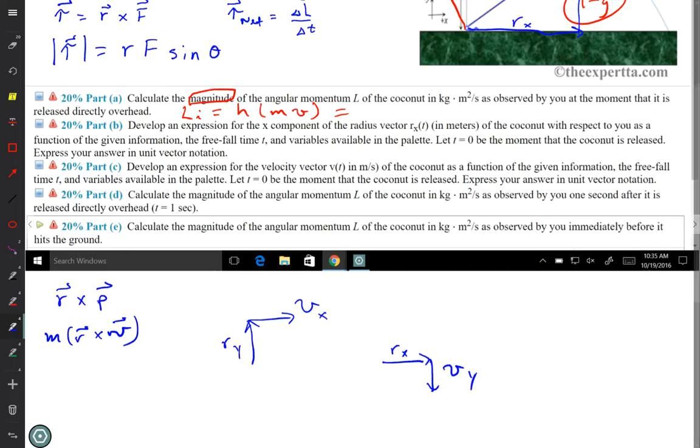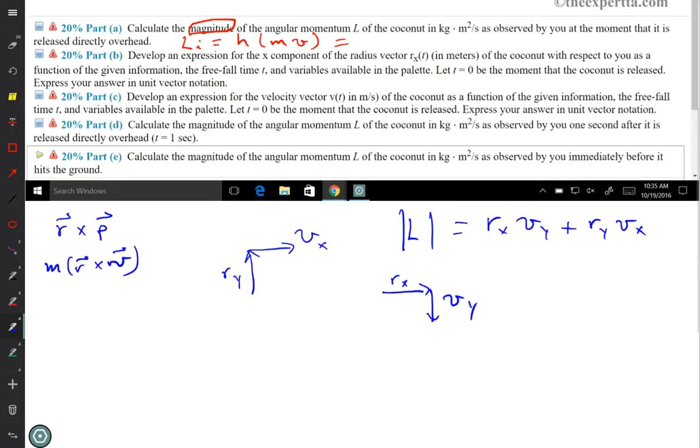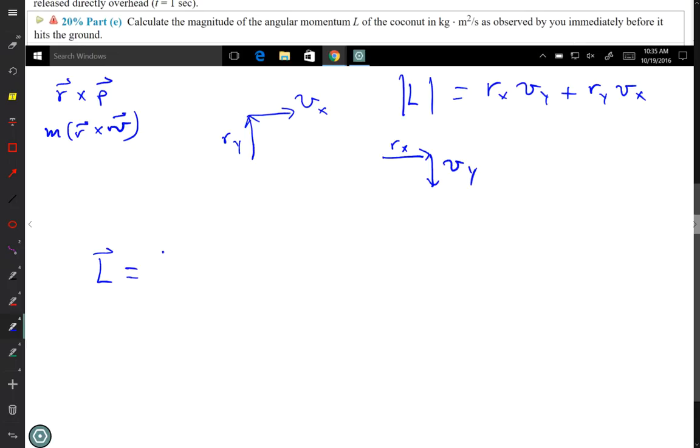And so you'll just calculate the magnitude for the angular momentum is Rx Vy plus Ry Vx. And for people who've taken some higher math classes, you can actually do this with the determinant method. You would say angular momentum vector is equal to the determinant of x hat, y hat, z hat, Rx, Ry, Rz, and I better put P here, Px, Py, Pz.